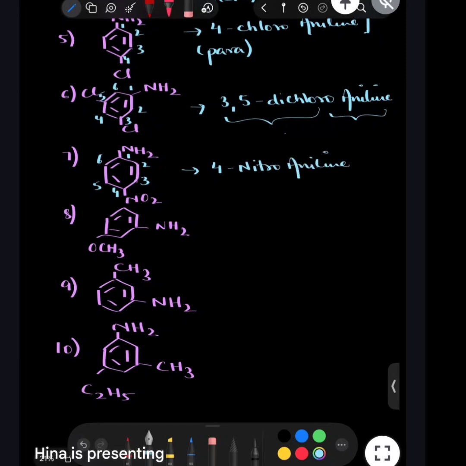The next one, we can start numbering from the amino group in the next also, and we can observe methoxy. This is methoxy, and you can observe it is present in the third position, so its name will be 3-methoxy aniline.